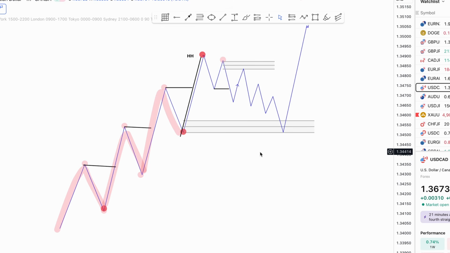So I would not advise you to trade these retracements, or corrective moves, if you're not really that experienced.